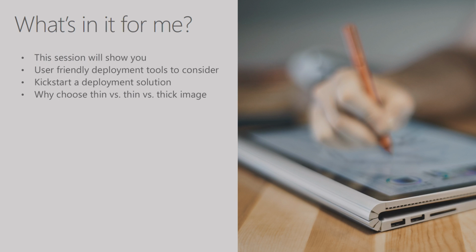I was once told that I'm supposed to give you a "what's in it for me" kind of talk in the beginning. Well, what's in it for me? I get to go to Atlanta at Ignite, the most awesome conference on the planet, and talk to you guys. So that was easy. So I figured that I should tell you guys what's in it for you. This session will show you some of the user-friendly ways to mass deploy devices in your organization that you might already know of but not utilize.